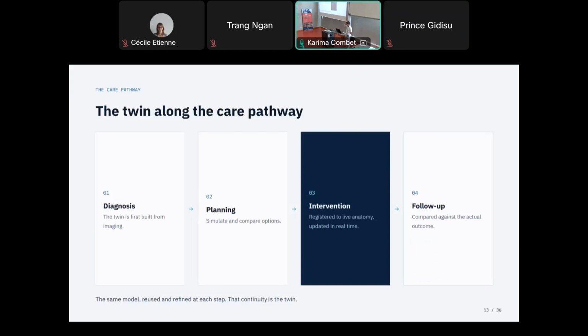Let me talk a bit more about evolving over time. To make this idea concrete, we place the twin along the care pathway. The care pathway is simply a sequence of steps from the diagnosis to the post-operative phase, called the follow-up.